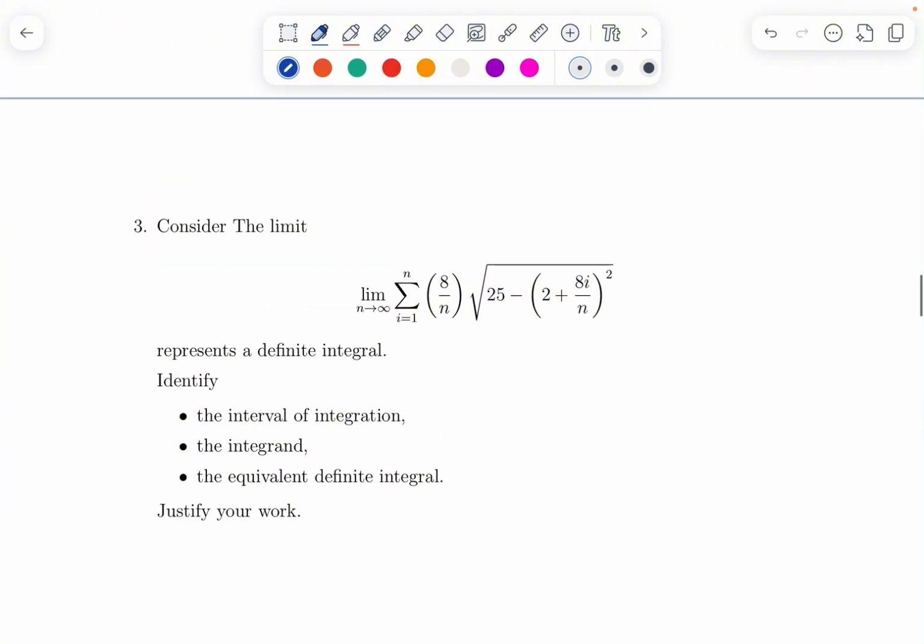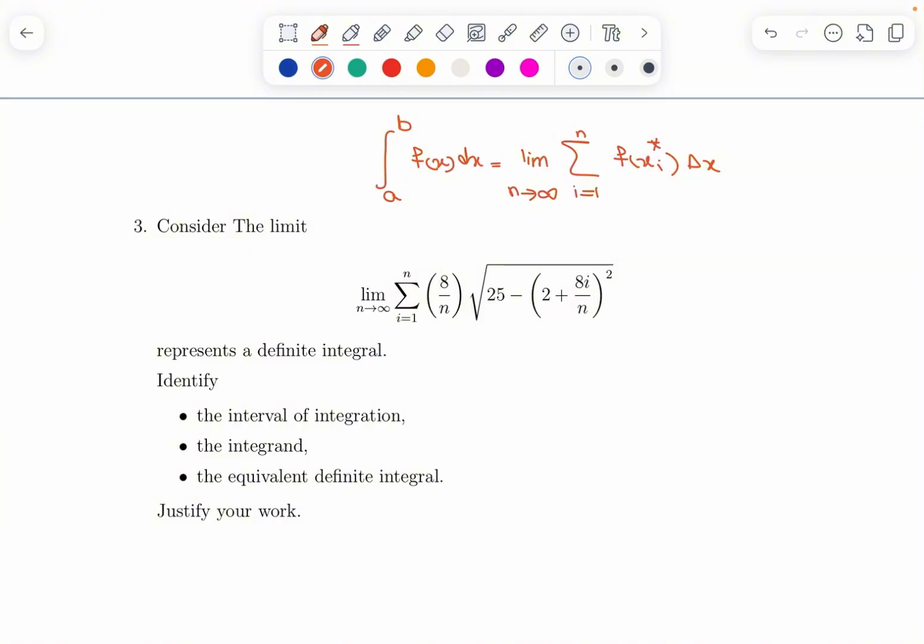we know the relationship between definite integral and limit of Riemann sum, which is like this. The definite integral from a to b of f of x dx is equal to the limit of sigma from i equals 1 to n of f of xi star delta x as n approaches infinity. So the limit at infinity of a Riemann sum would be the definite integral of a function from a to b.